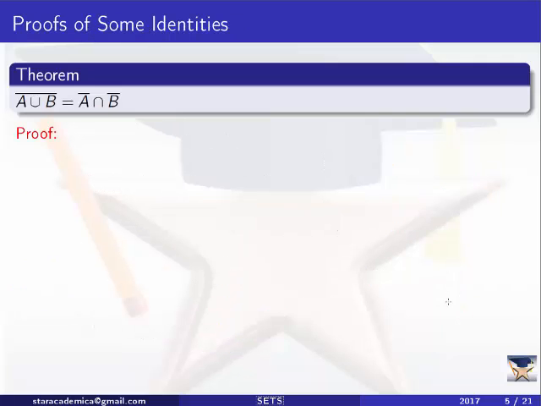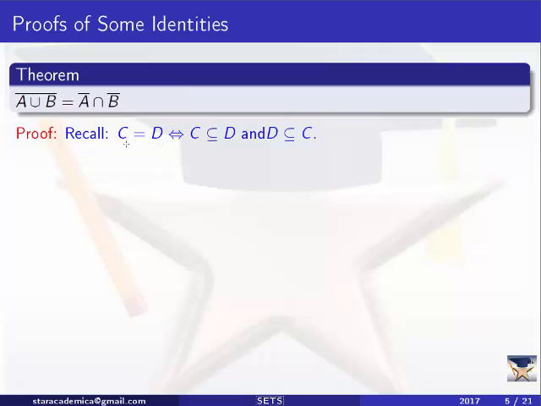So far, so good. Let's give a proof of De Morgan law. So this is one of them. We'll see three methods to give proofs, and the first one will be with the element. But when we are working with the equality of sets, we have a very important property from the logic part.